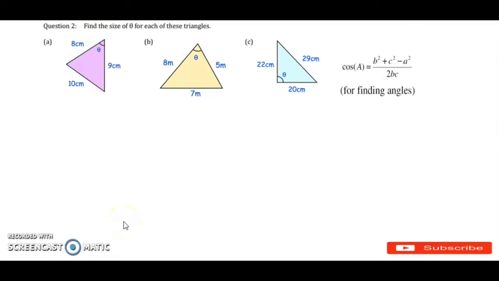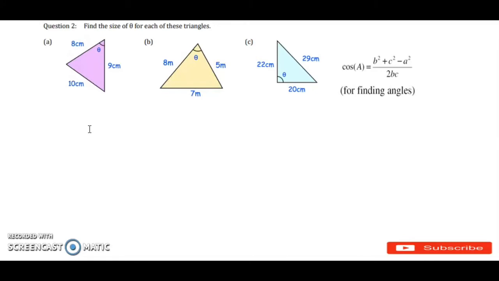For question 2, we're asked to find the size of the angles for each of these triangles. When we look at these triangles, we can see that we are given the measurement for all sides of the triangle. So in order for us to use the cosine rule, it must not be a right angle triangle.